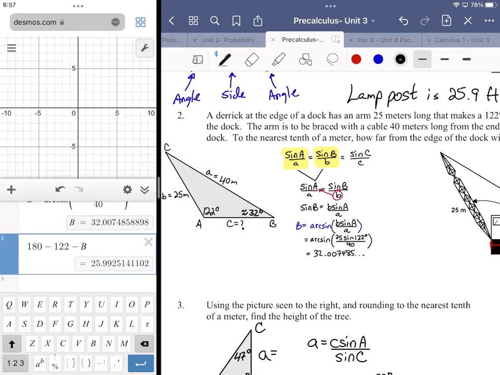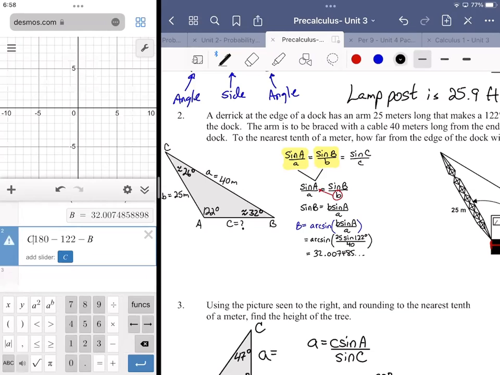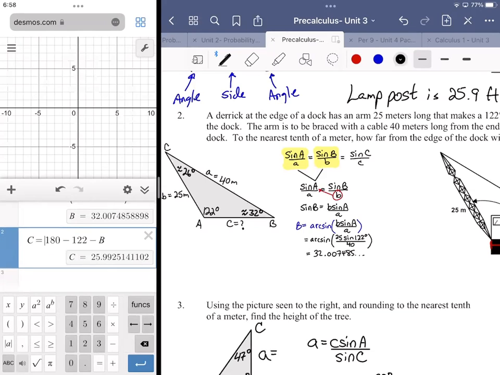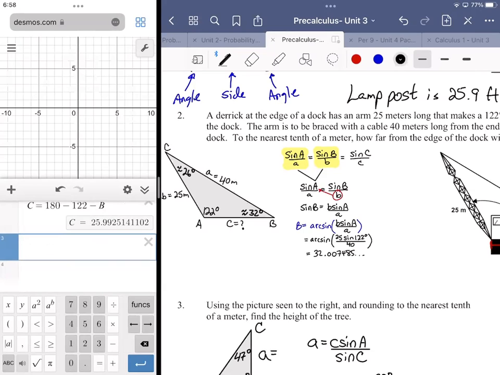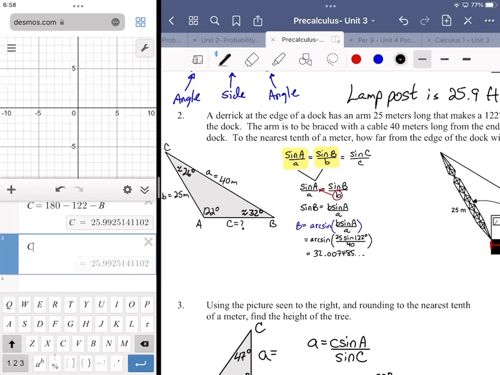So I just type in the B. So that's approximately 26 degrees. But I'm going to call that C now, capital C for angle C. I said side C twice. Anytime I reference an angle C, it's going to bring up the 25.9 blah, blah, blah.